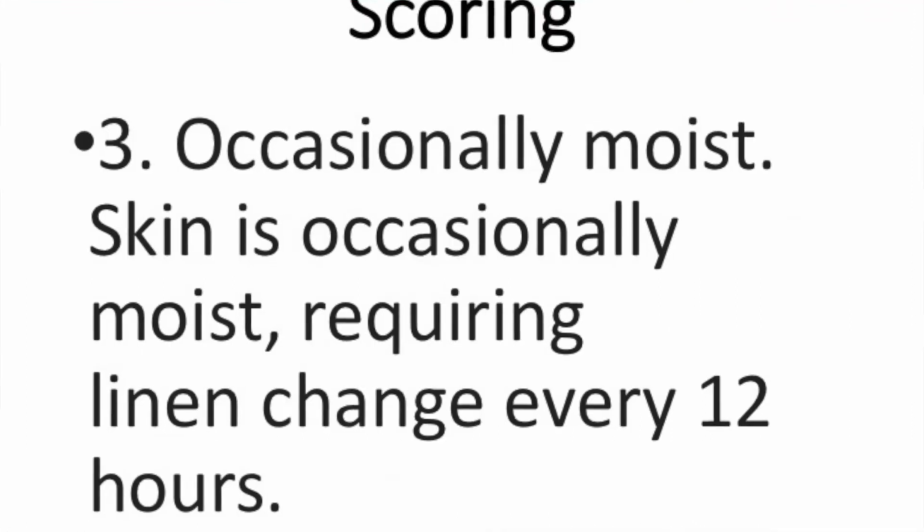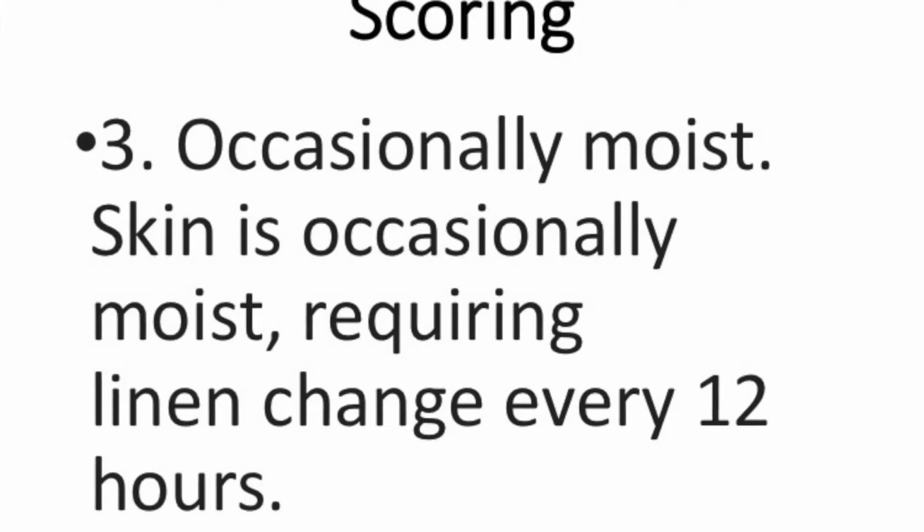Also, the patient will transfer to a lower category on moisture by being occasionally moist. Occasionally moist means it can happen, or in our terms, it happens one time every 12 hours.